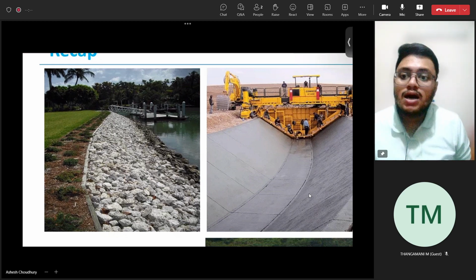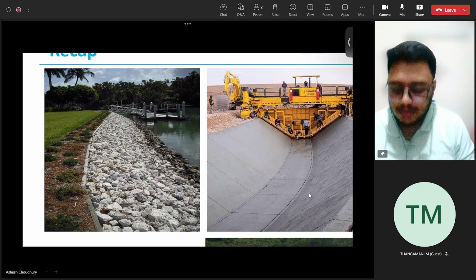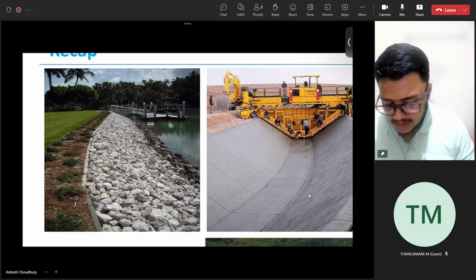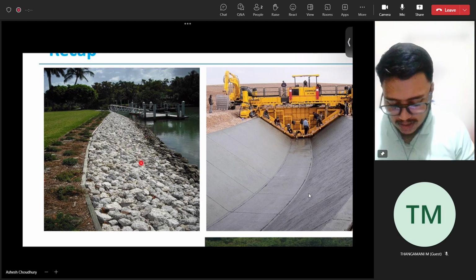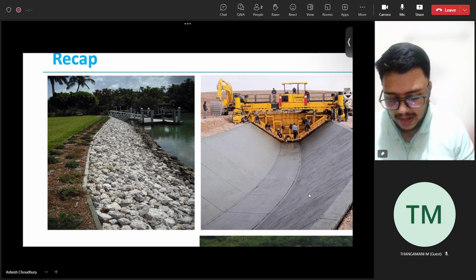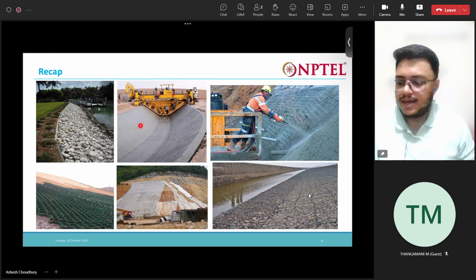You can see a lake or some river, whatever that is, and we have the soil in this portion. To protect this area, we have put graded boulders here. This is nothing but riprap.